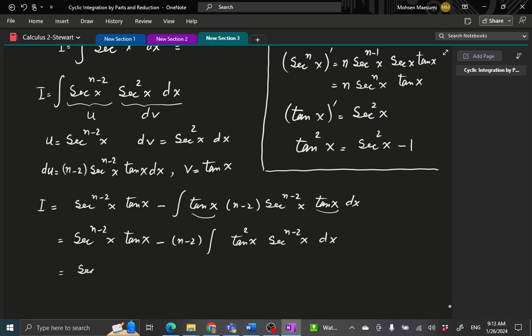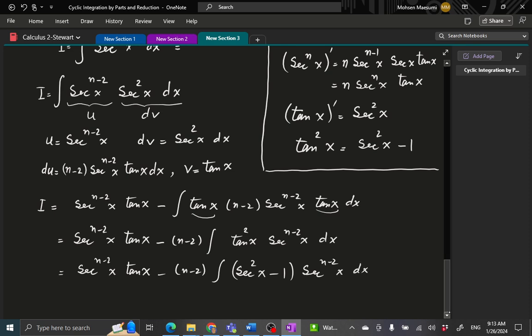One more round: secant n minus 2 of x tan x minus n minus 2 of. Now comes our identity. Instead of tan square, I write secant square of x minus 1, and then secant to the power of n minus 2 of x dx.